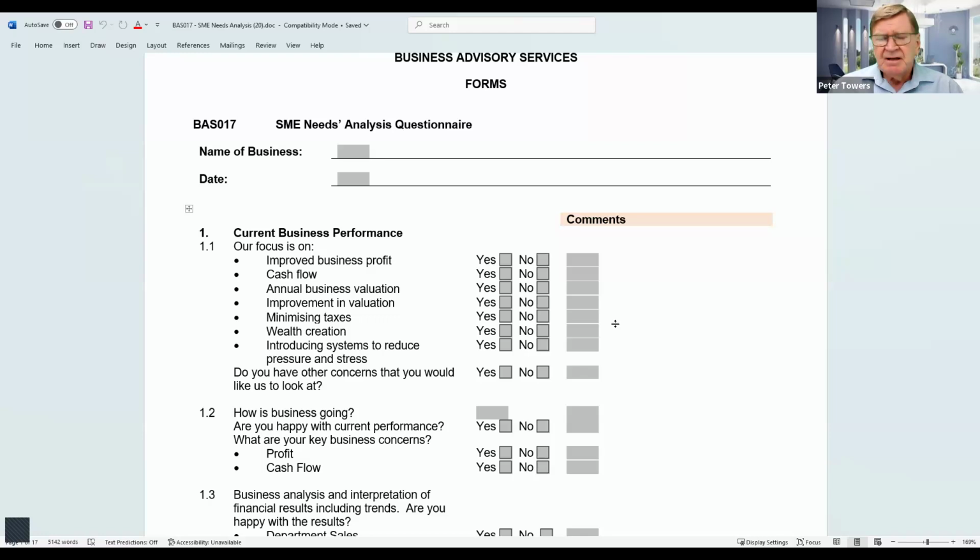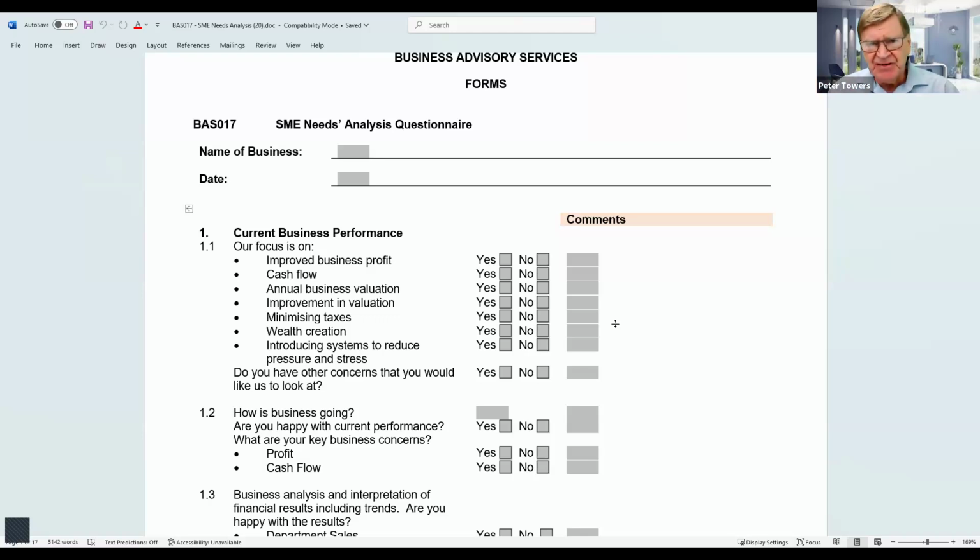So in answer to a question, is a client looking for improved business profit? Client might have written something there. Cash flow, do they understand it? Is it good enough? If their cash flow is not satisfactory, what's causing that? Could be excessive debtors.